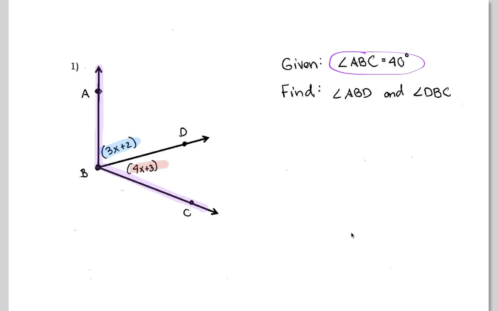equal that big angle. So 3x plus 2 plus 4x plus 3 should equal the 40.